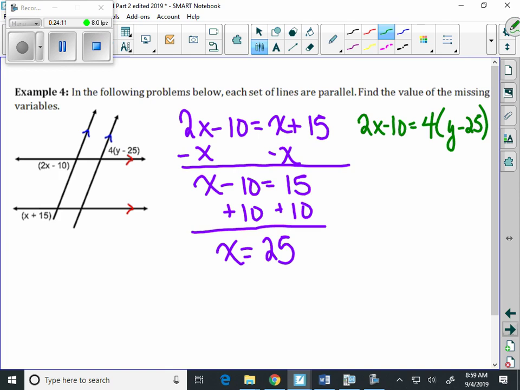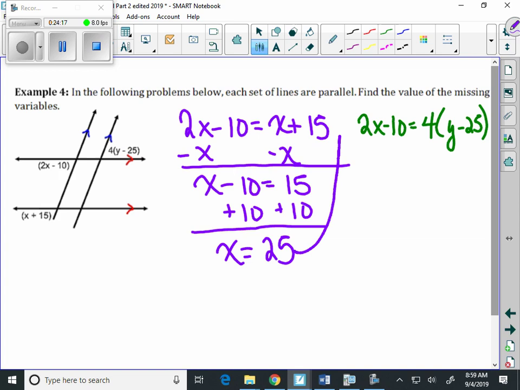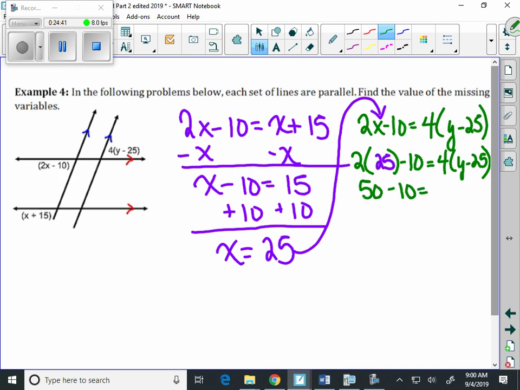The first thing that we want to deal with is taking that value of 25 that we found for x and putting it back into that x. So this is going to be 2 times 25 minus 10 equals 4 times y minus 25. Well, 2 times 25 is 50 minus 10. And over here on the other side, let's distribute right now. 4 times y, 4 times 25, gives us 4y minus 100.